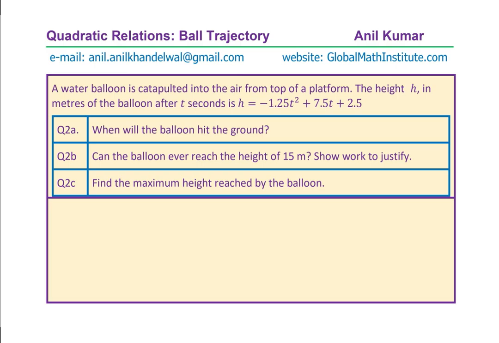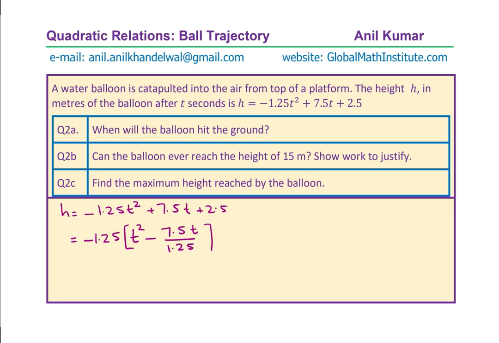We have the equation as h equals minus 1.25 t squared plus 7.5 t plus 2.5. To complete the squares, we'll take minus 1.25 as a factor, right? We want the leading coefficient to be positive 1. So we're left with t squared minus 7.5 t divided by 1.25, correct?